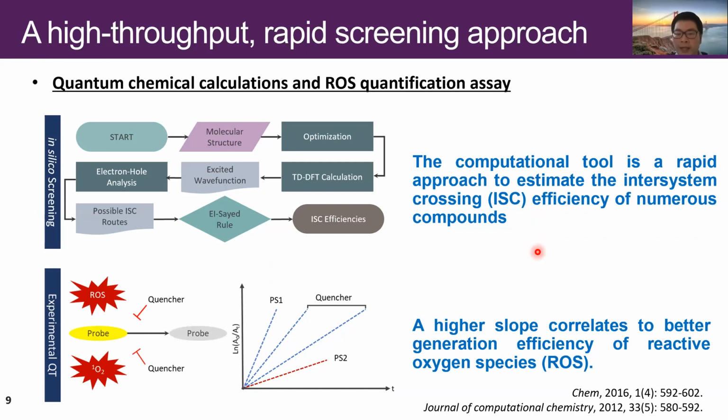Then once we identify the candidate compounds, we can use the ROS quantification approach to measure the exact reactive oxygen species generated by these compounds with some specific light sources. So in this case, we can identify the light sources.